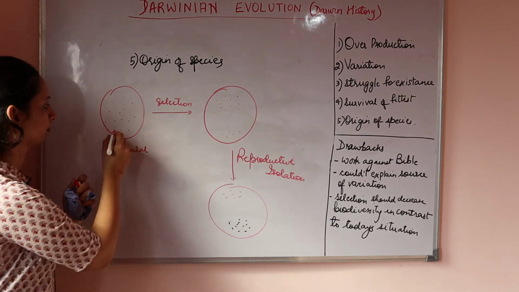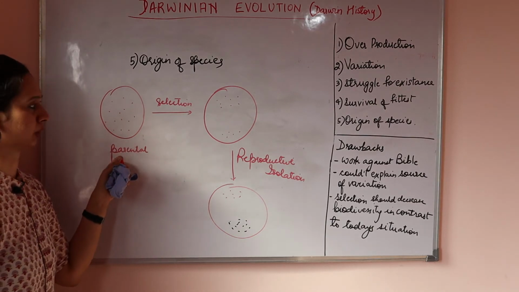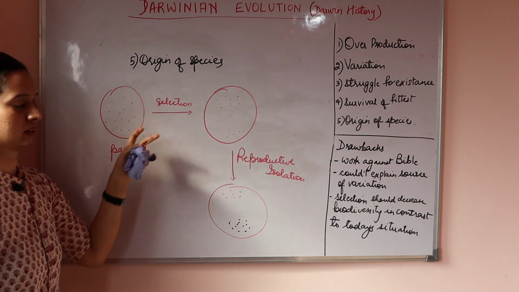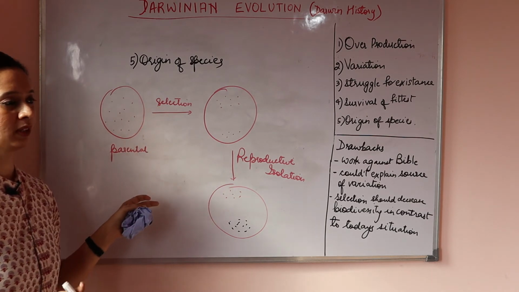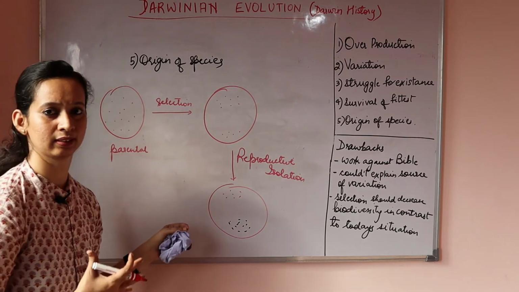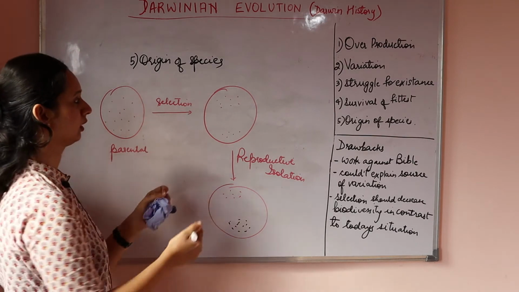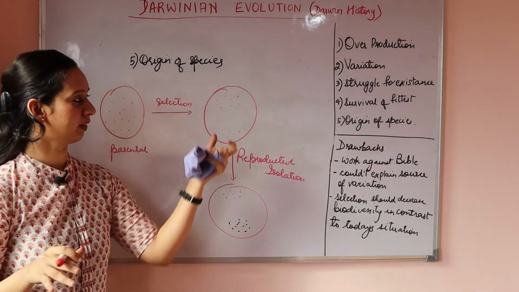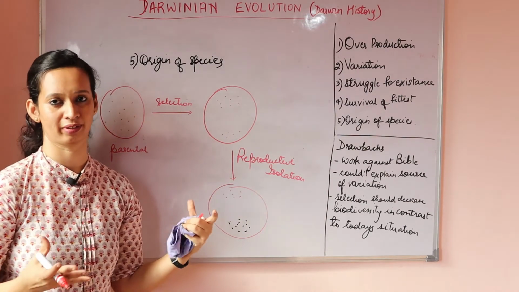This is the parental population, it overproduces, there is no space to live for them. The selection pressure acts on it, and they will get segregated.